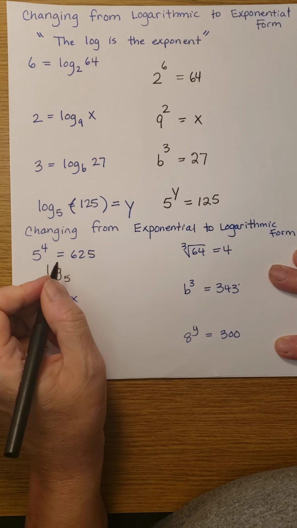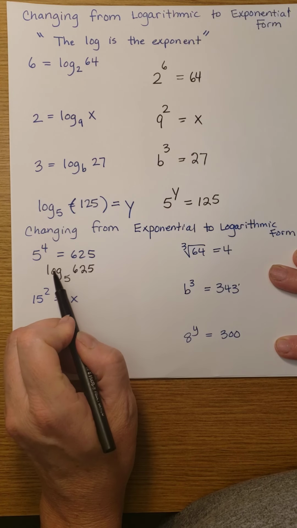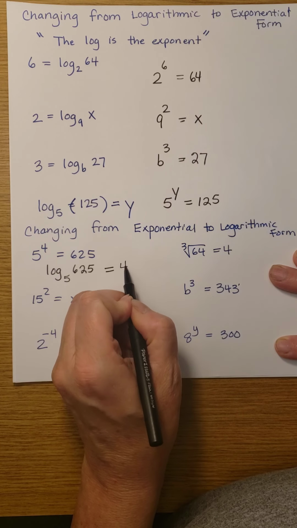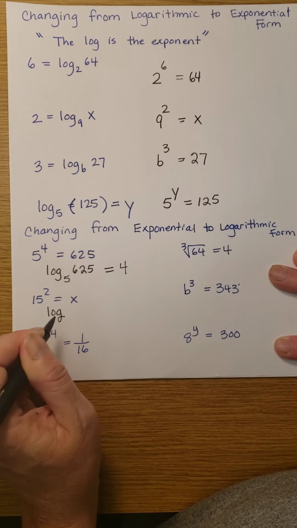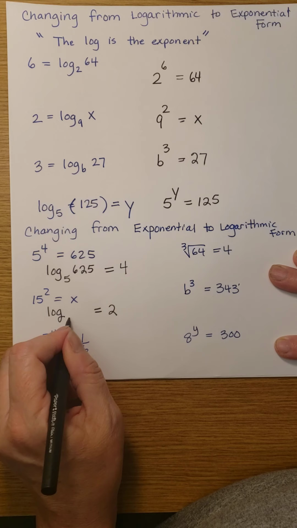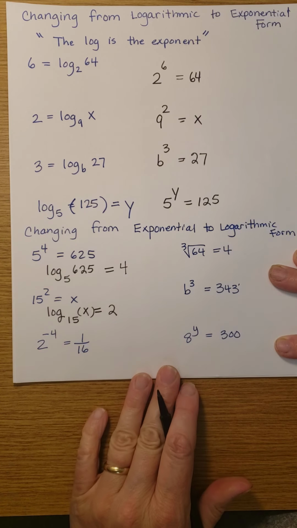It's under the exponent. Here's our number. And we say the log is the exponent. That's 4. Okay? The log is the exponent. The base is on the bottom. That's the 15. And x is what's left there.